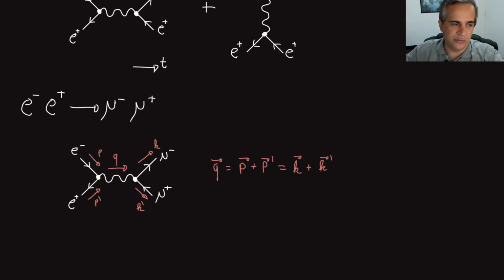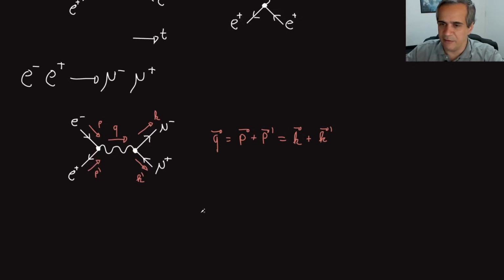It's easy to understand that if I want to create some leptons here at the end, the total energy, say in the center of mass of this initial electron-positron pair, needs to be bigger or equal, in the limiting case, to 2 times the rest mass of these final states.